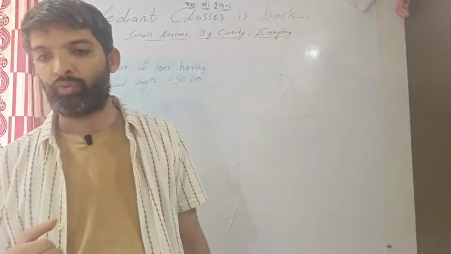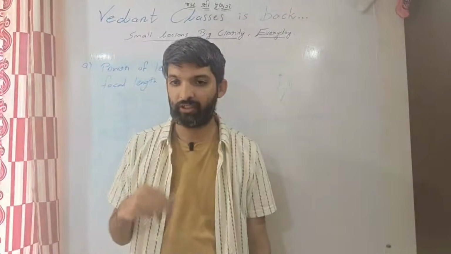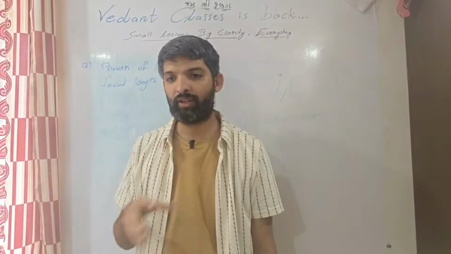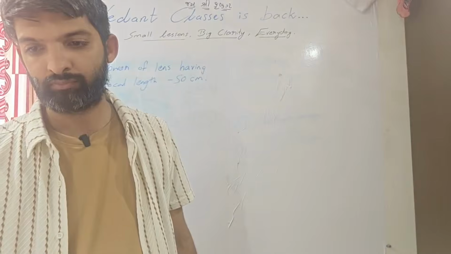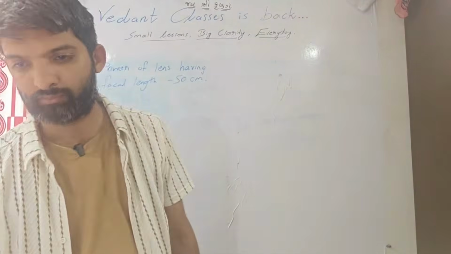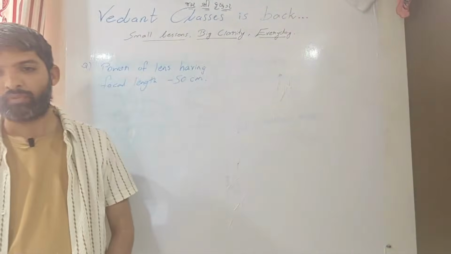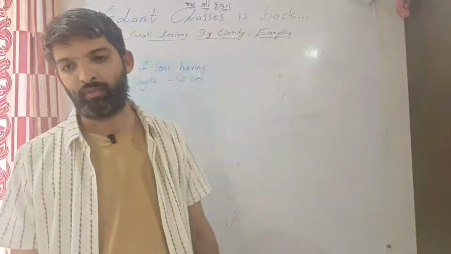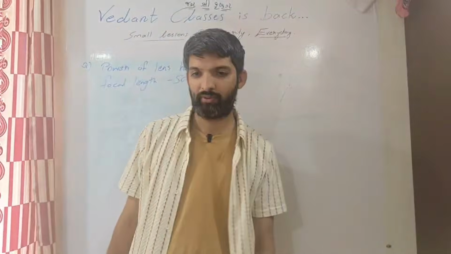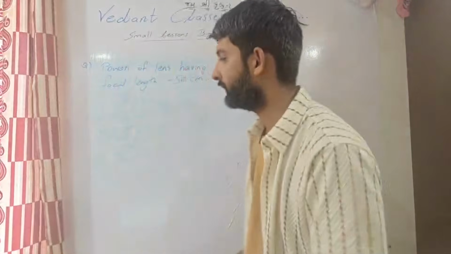No one is mentioning the unit. You need to cultivate that habit. You have to write the unit. That is a kind of muscle memory. And these all are very simple and easy questions. Nothing difficult.